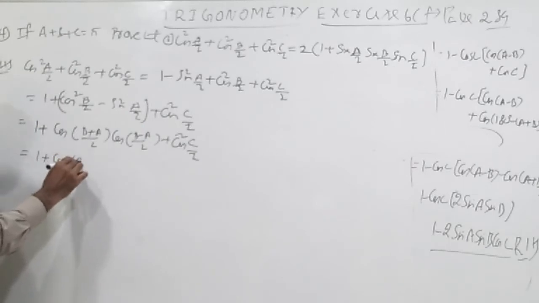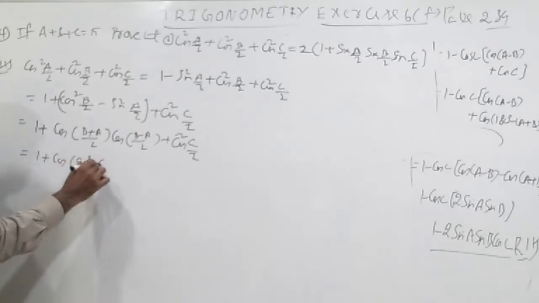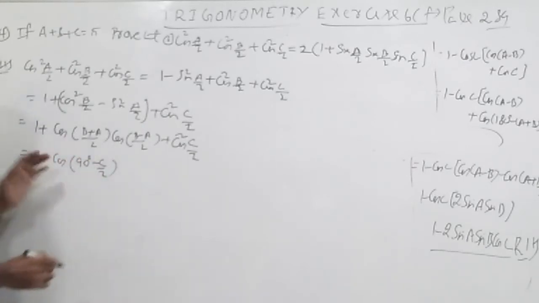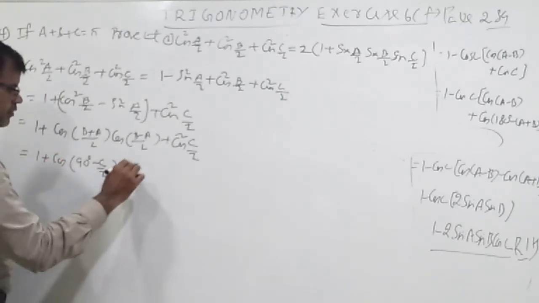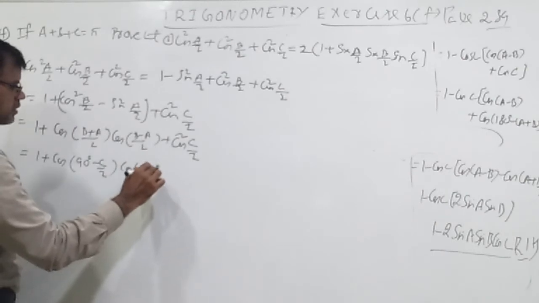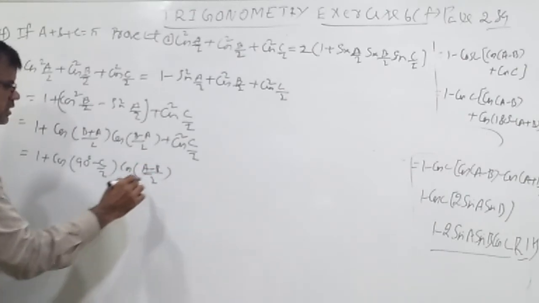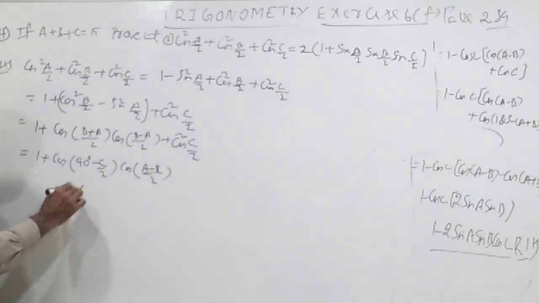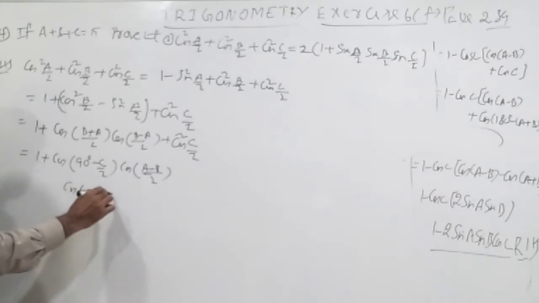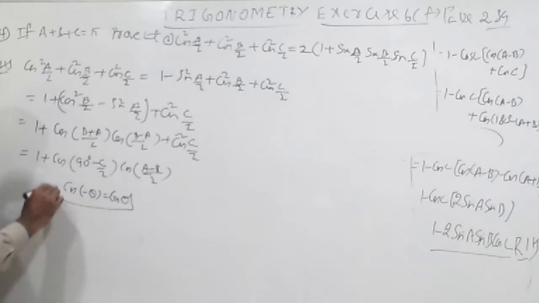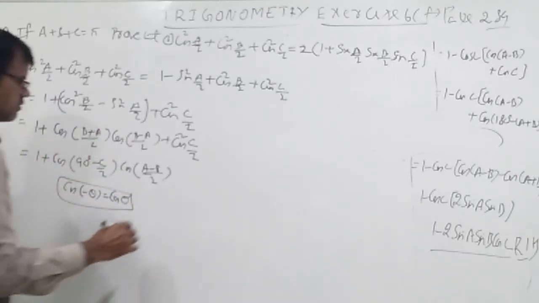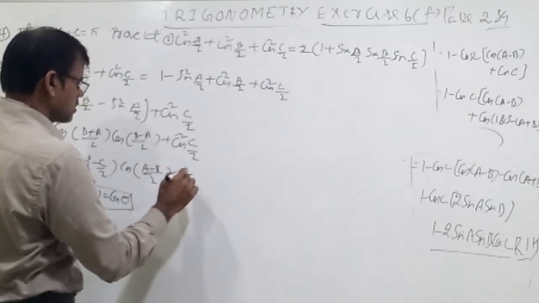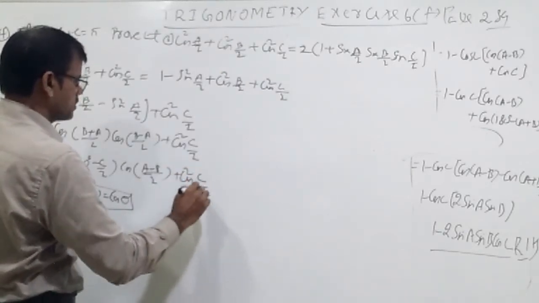This b plus a by 2 is nothing but a plus b by 2, which is 90 minus c by 2, into cos of a minus b by 2. Students, there is no question of cos of minus theta being minus cos theta, because cos of minus theta is equal to cos theta, so you can write b minus a or a minus b in the same way. Plus cos square c by 2.